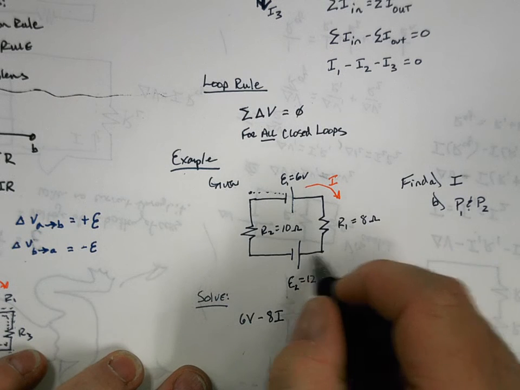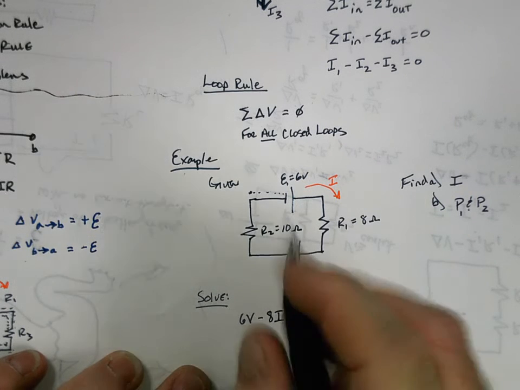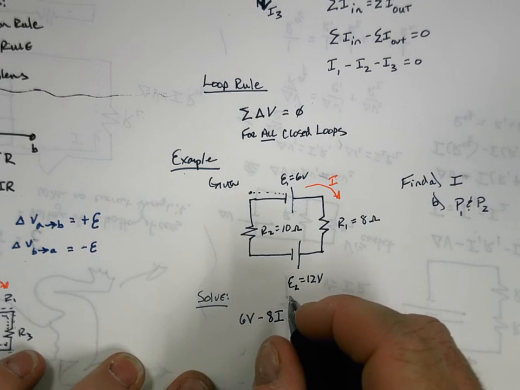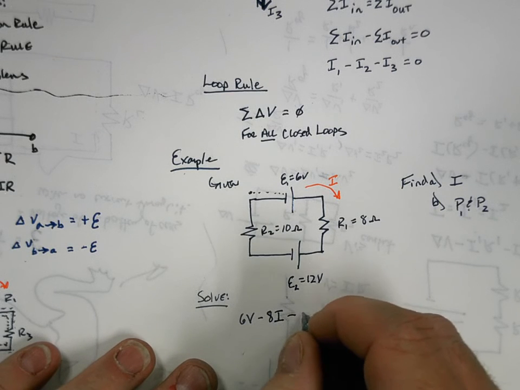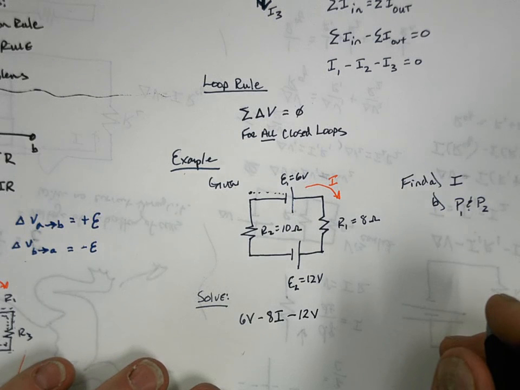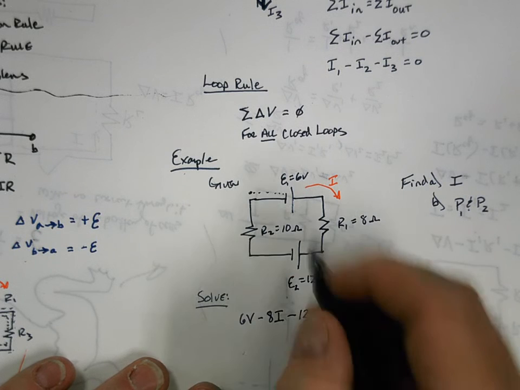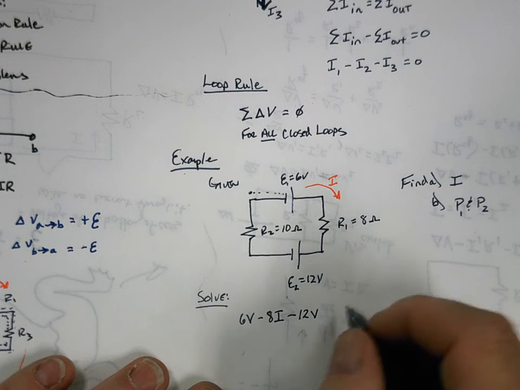Then we come here, oh look, this is going from big to small, right? This is not a voltage increase. This is actually working in the other direction. This is a voltage decrease. Come around, and we get to R2 over here, which is 10.